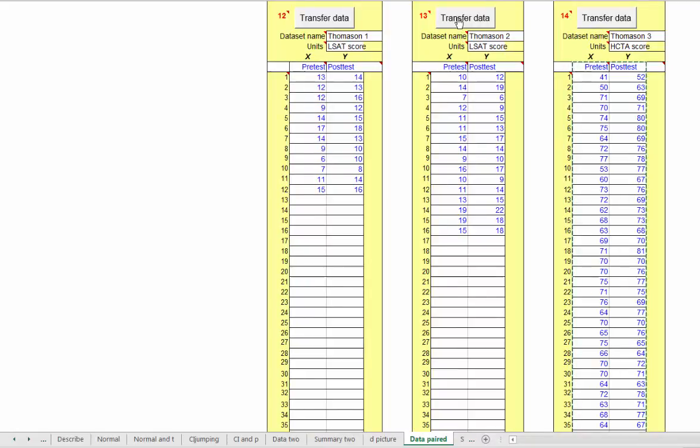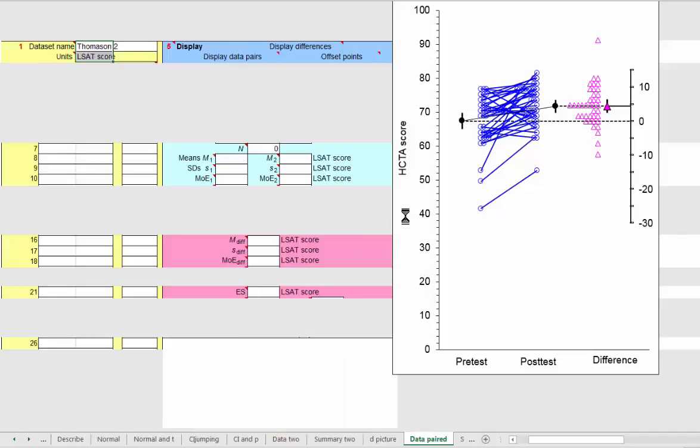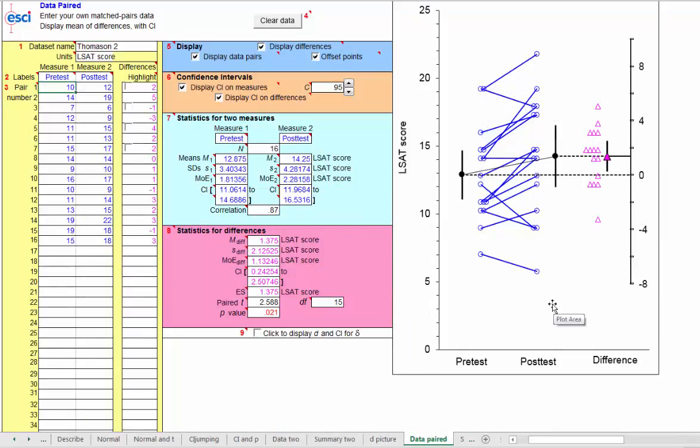I could, for example, click here for the Thomason 2 data set and transfer them left, and there they are. Once again, we have a relatively short confidence interval on the difference, the difference scores fairly closely bunched, and a correlation as high as 0.87, indicating once again we have a sensitive design.